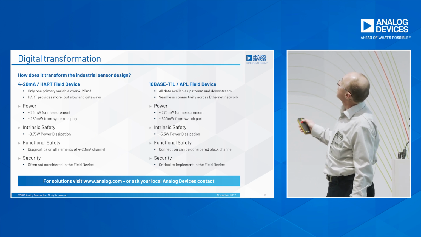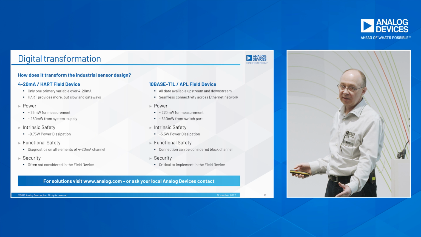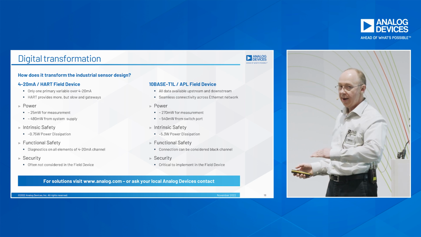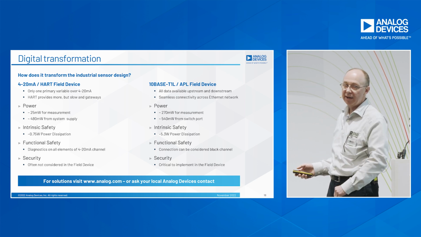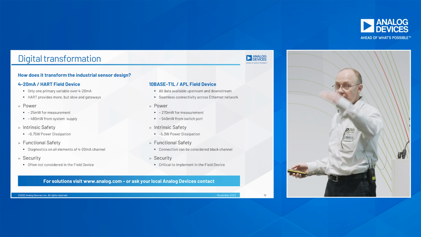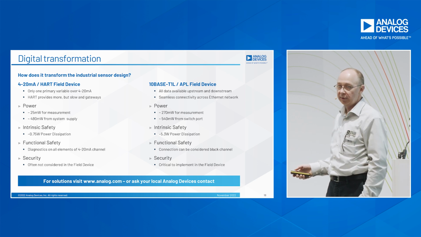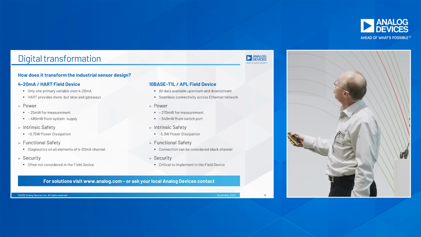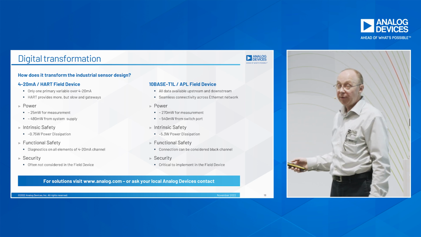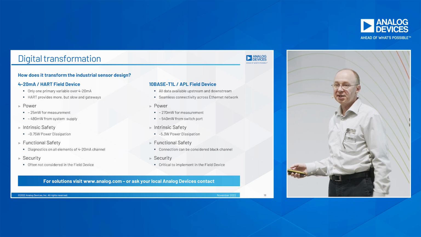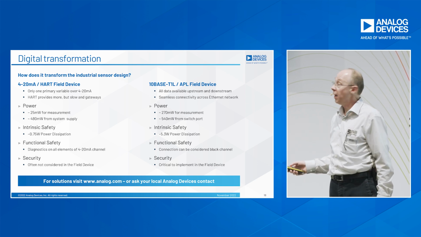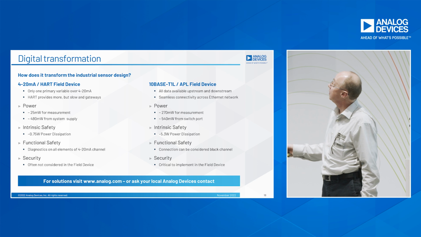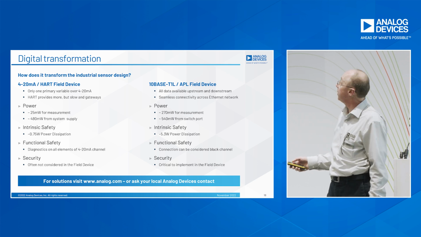You can get seamless connectivity from an IP addressable end device up to as high as you allow in your plant, to the cloud. You can collect lots of data and use it for optimization, monitoring, and so on. You actually can get much more power for the instrument, for the measurement itself, for the APL device, about 10 times the power that the 4 to 20 milliamp loop was providing.